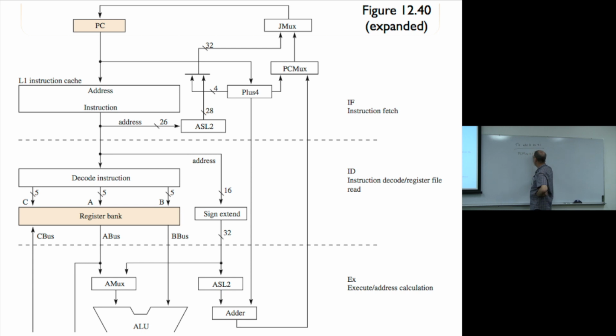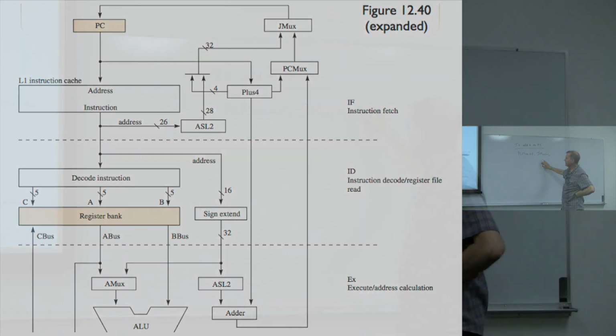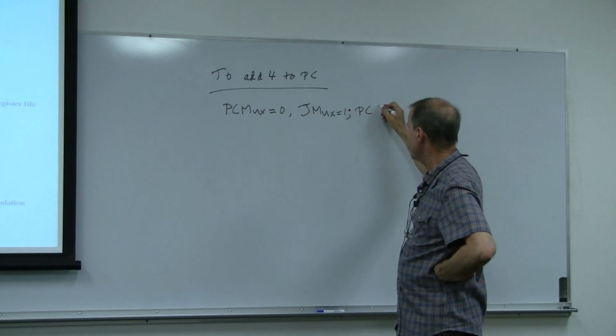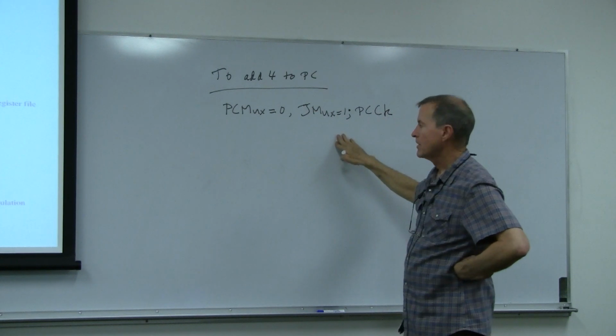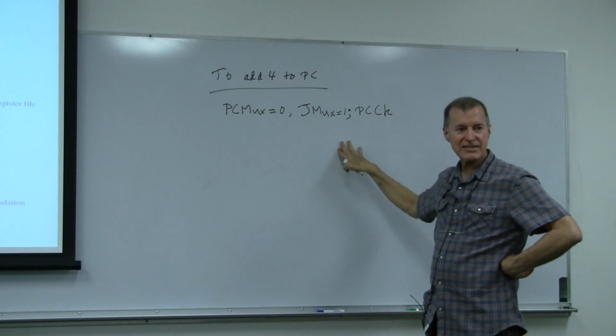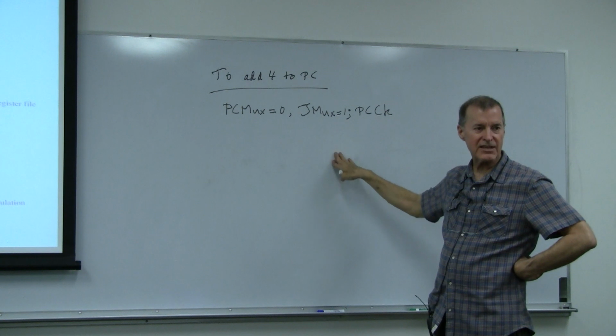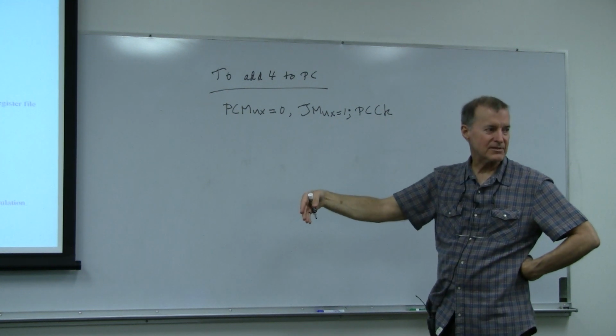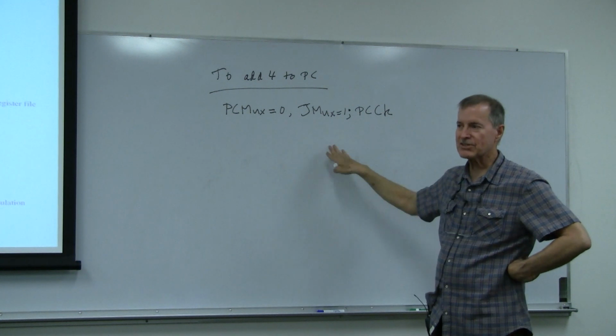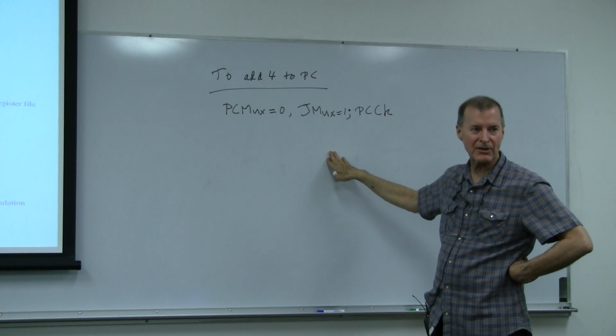That's right. So PC mux would have to be 0, comma, then what? And J mux would have to be 1. See how this is just like PEP9. And then what? Yeah, PC CK. So this has to happen on every instruction, like with the other ones. This is just incrementing the program counter by 4.